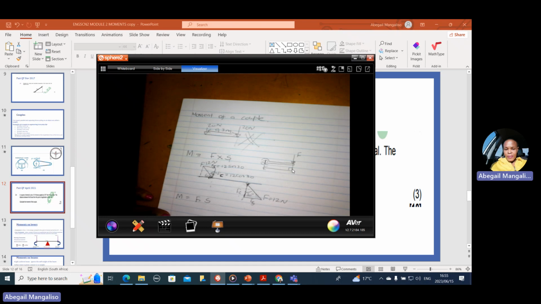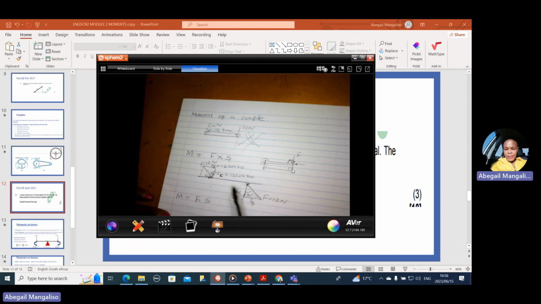Now let's go back to the turning effect. If you apply a force in this direction, a force that passes through the turning point, this force won't be able to turn the nut. In order for a force to have a turning effect, it has to be perpendicular to the plane.